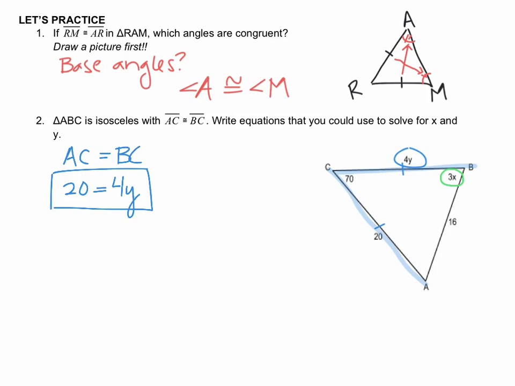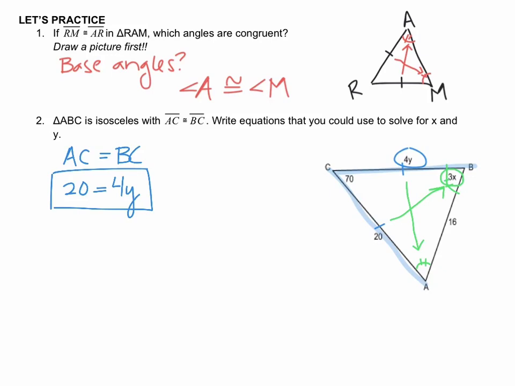So our base angles are opposite from our congruent sides. So opposite from my side AC is my angle B, which I have labeled as 3x. And opposite from my side BC is my angle A. So these two are congruent, angle A and angle B.